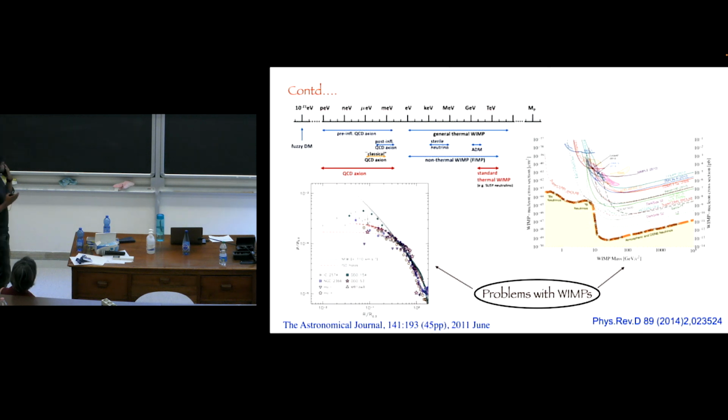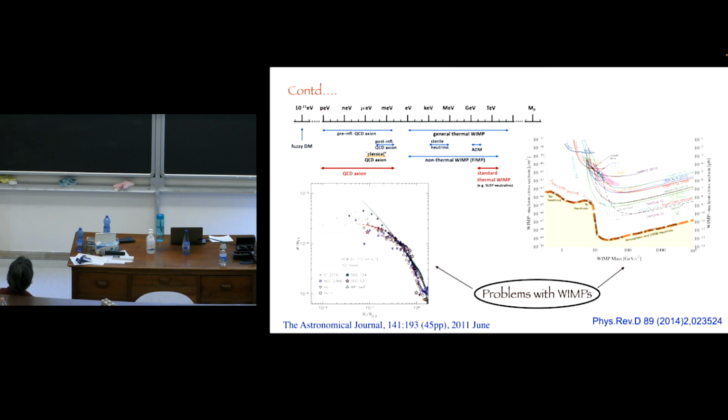One of the motivations for studying fuzzy dark matter or light dark matter is the core-cusp problem, which is the small scale structure issue in the universe or galaxies, and the other is direct detection experiments.